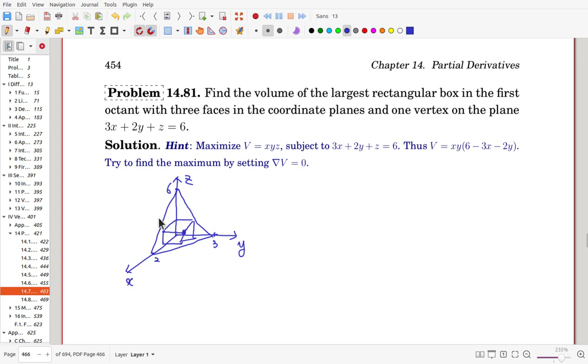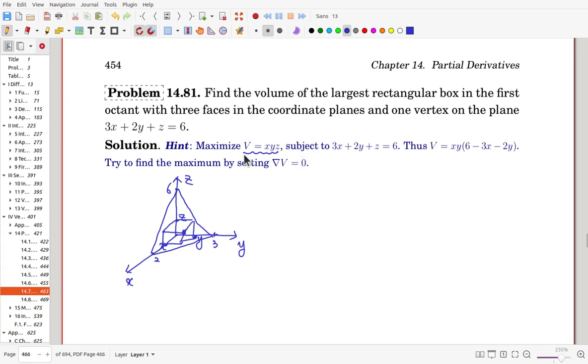maximize the volume. We start with x, the point that is x, that is y, and that is z. Then the volume must be xyz. Of course, xyz satisfies that equation because this point is on the plane.